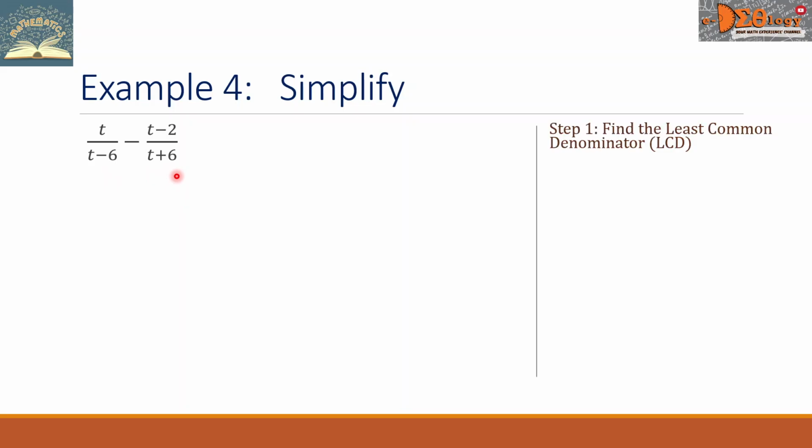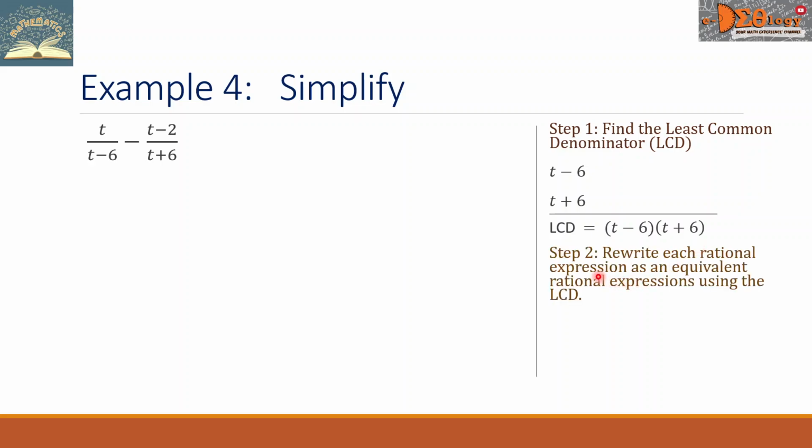So step 1, let us find the least common denominator, or the LCD. So we write the two denominators, and we can see that these are already simplified. So for our LCD, simply we put together as factors. So the LCD is t minus 6 times t plus 6.